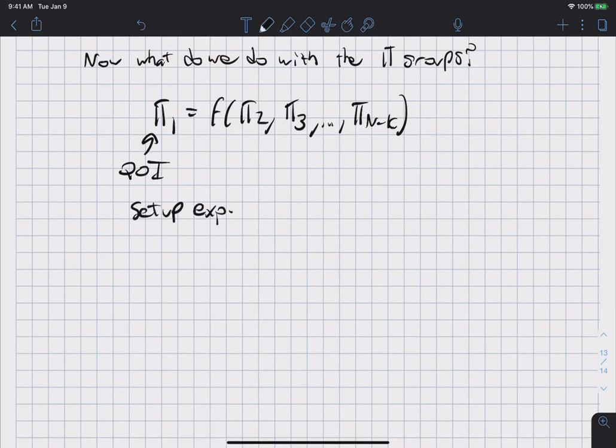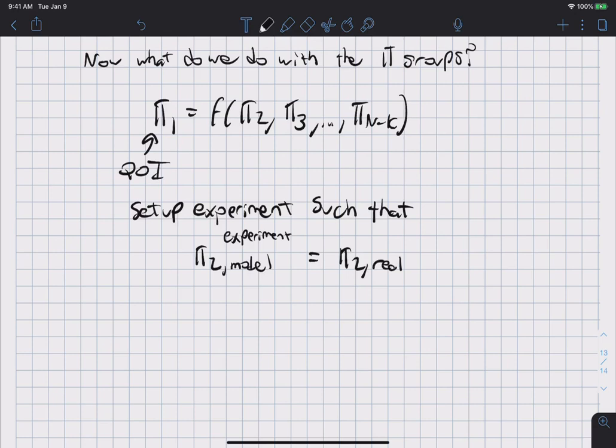the experiment such that pi 2 of the model, which is your experiment, is equal to pi 2 of the real object.